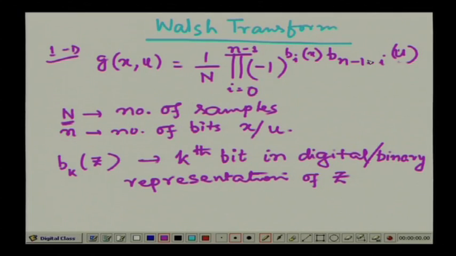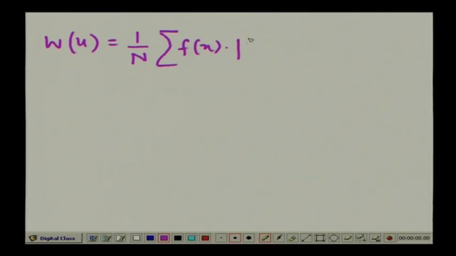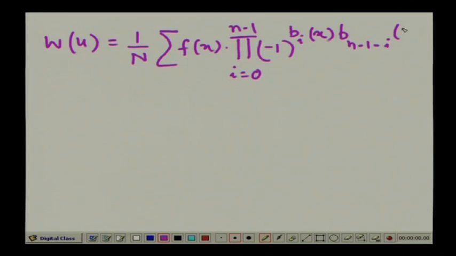So, that is the interpretation of b_i(x). Using this, the forward discrete Walsh transformation in one dimension will be given by W(u) equal to 1 upon capital N summation f(x) into product i equal to 0 to lowercase n minus 1 of minus 1 to the power b_i(x) into b_(n minus 1 minus i)(u), where x varies from 0 to capital N minus 1.